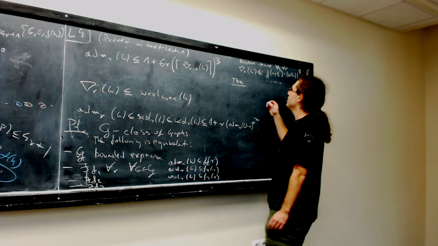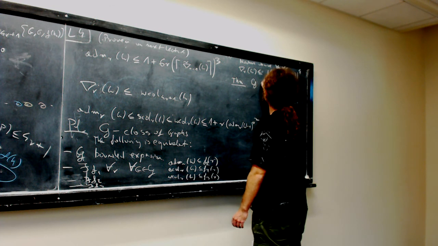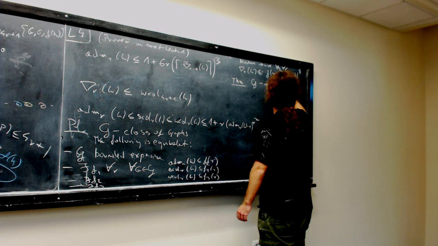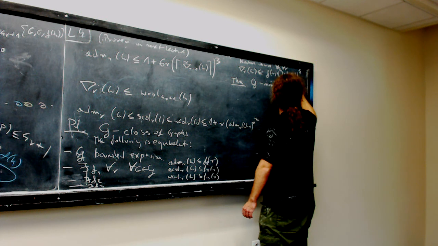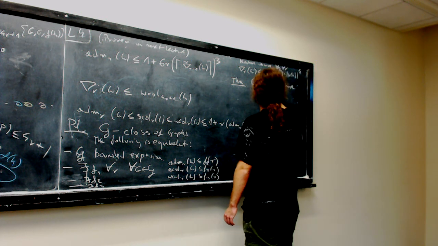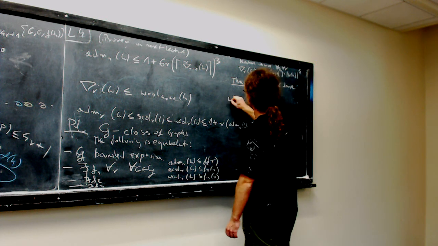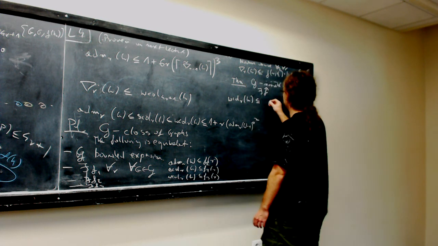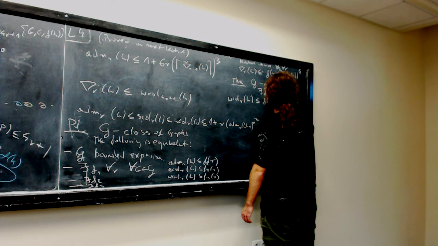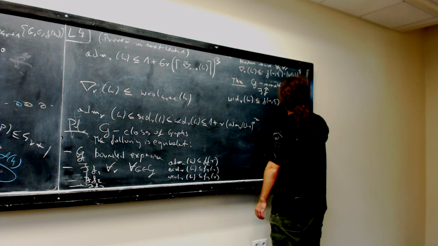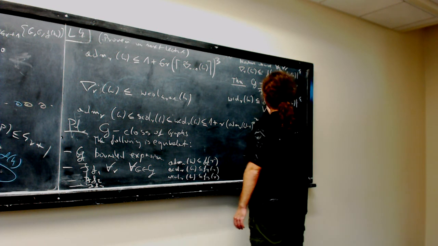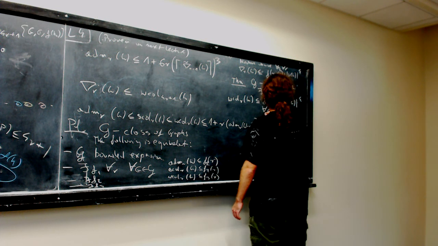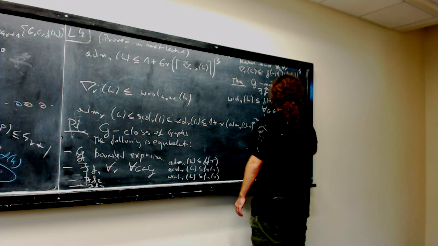So if the class G is nowhere dense, then there exists a function f-hat such that the weak coloring number of G at radius R is smaller than f-hat of R, epsilon times |V(G)| to the epsilon, for every G in this graph class, for every R and for every epsilon larger than 0.